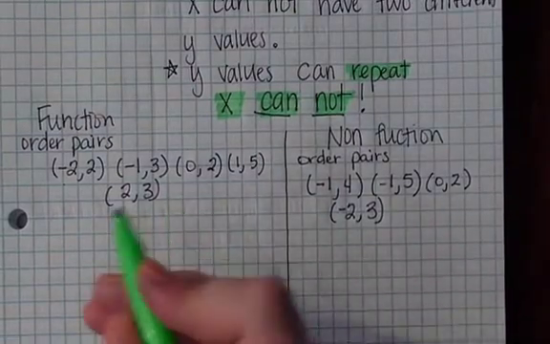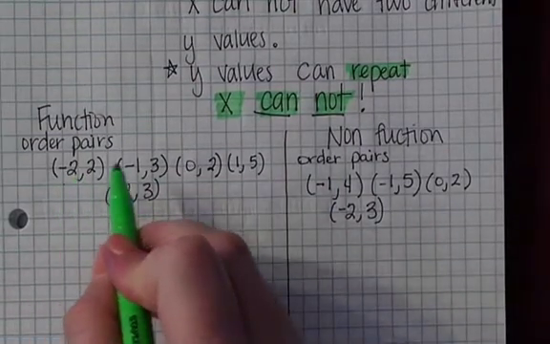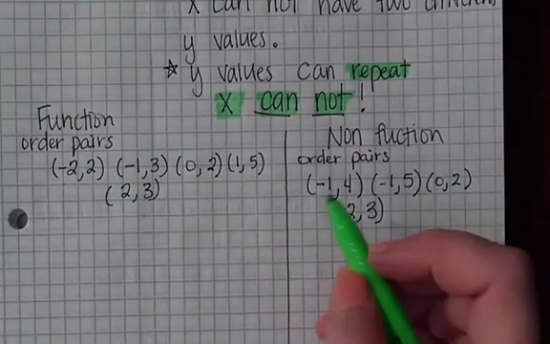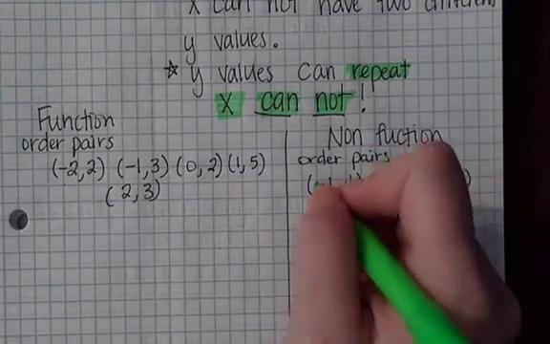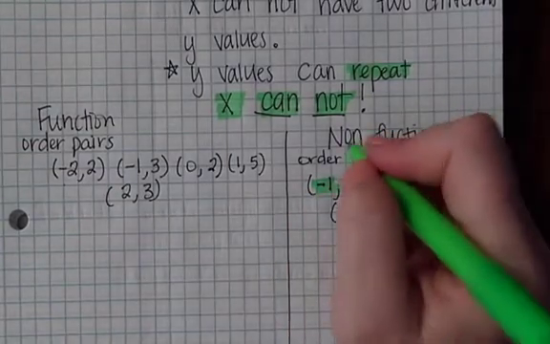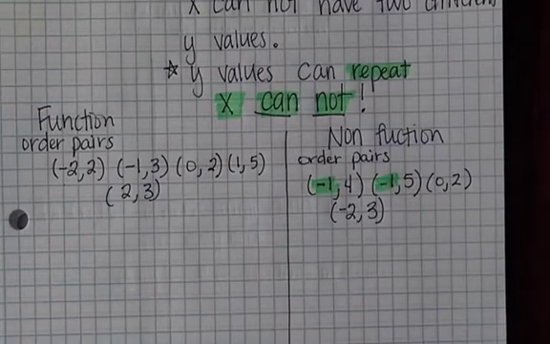So notice we have X values of -2, -1, 0, 1, and 2. None of those repeat. If you look at the non-example, -1 and -1 repeat. So that's why this is not a function. So you can go ahead and write that note if you want.